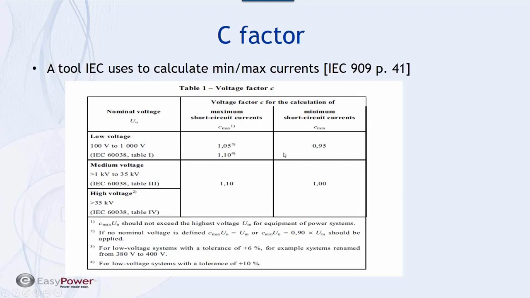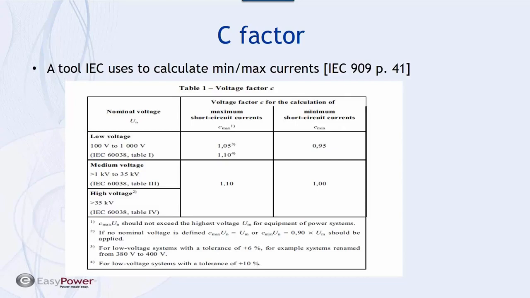On the other side, Cmin gives you the bottom line. It gives you the lower value of a range in which you're looking at the fault currents. In fact, by implementation of Cmax and Cmin, you would expect to come up with a range whose top value defines the worst case or highest available fault current, and the lowest value in that range provides us with the minimum short circuit current.